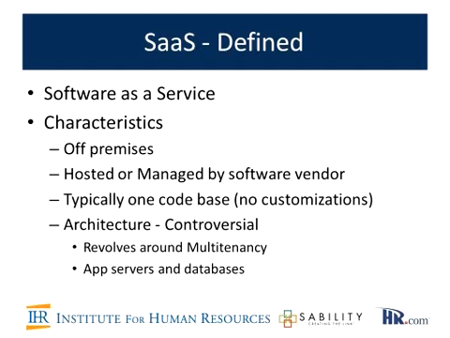Some of the characteristics of SaaS are it's off-premises, so it's run outside of your corporate walls, typically hosted or managed by the software vendor. Typically it has only one code base, and what that really translates to functionally is there are no customizations, and we'll talk a bit about this later.